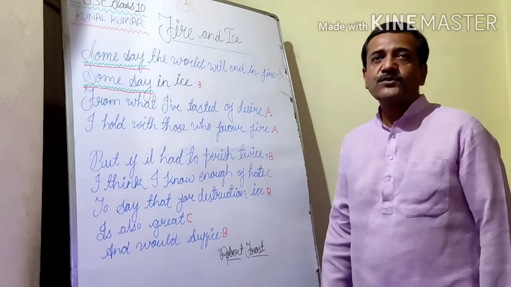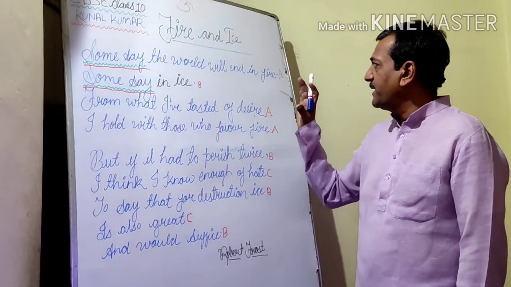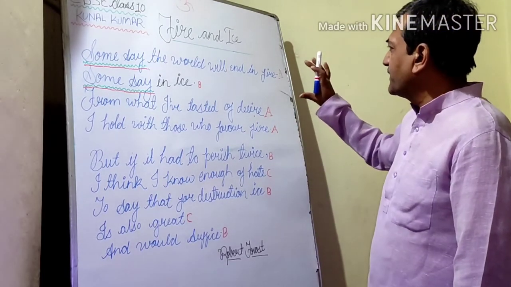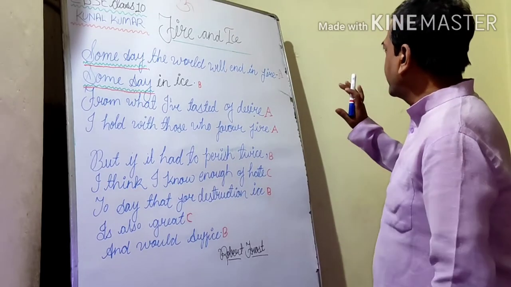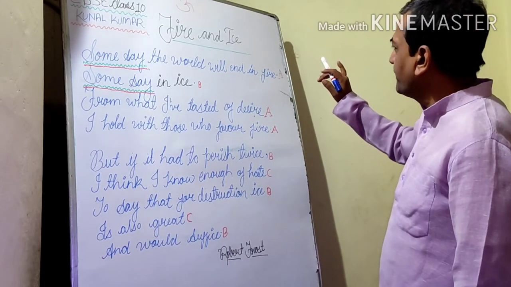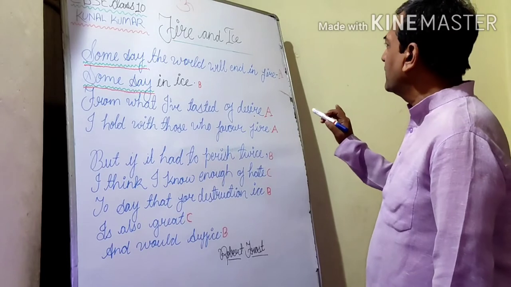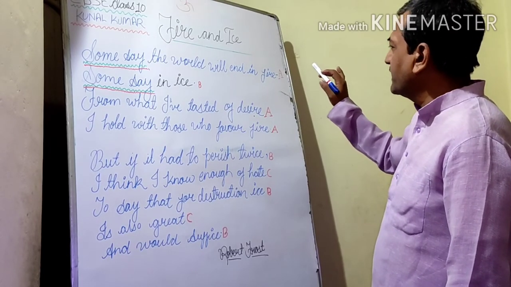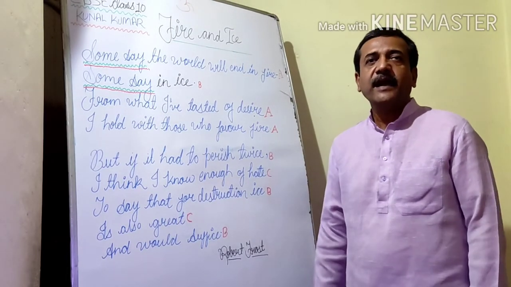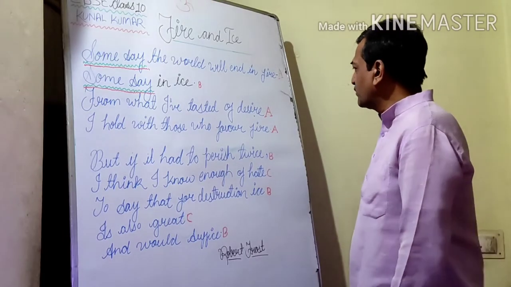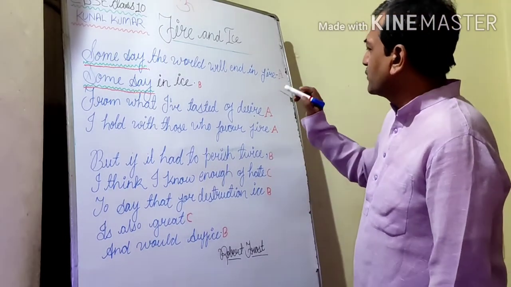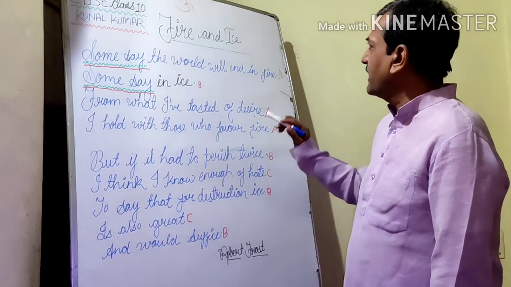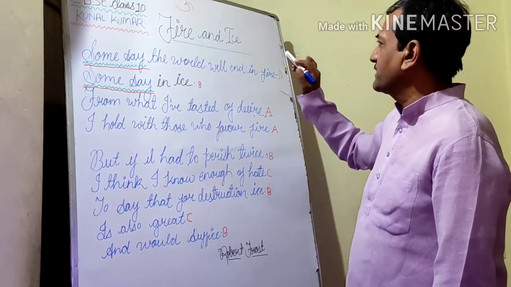In prose, it is called a paragraph, and in poems we call it a stanza. This poem is divided into 2 stanzas. Stanza number 1 has 4 lines, and stanza number 2 has 5 lines.